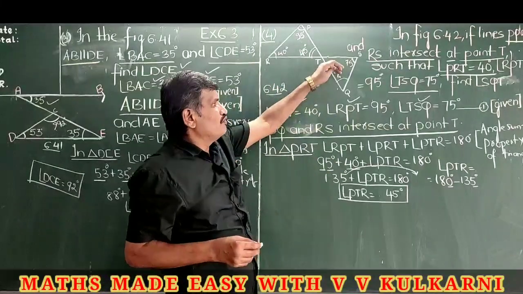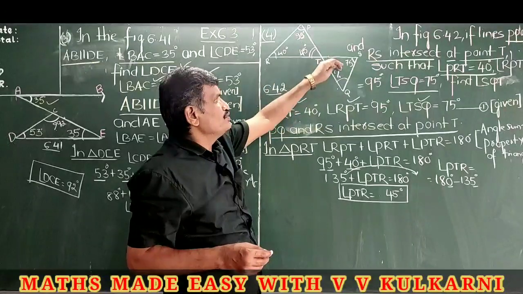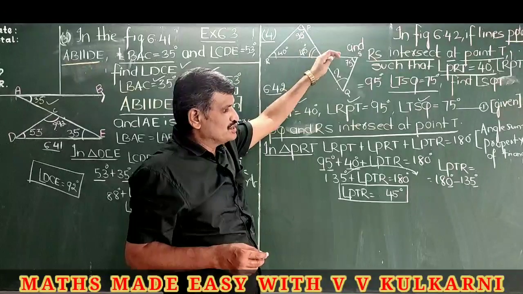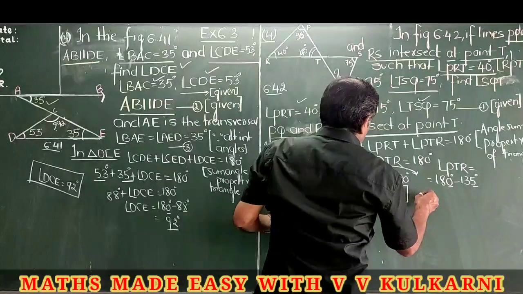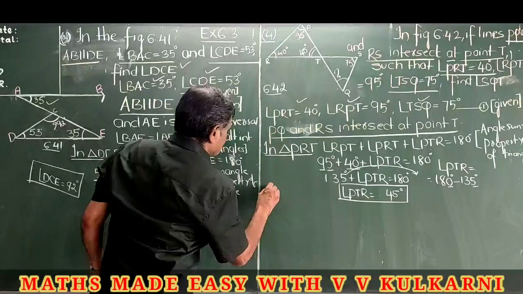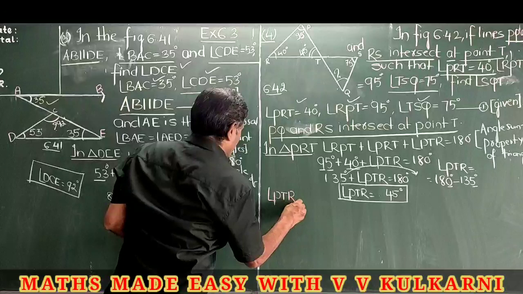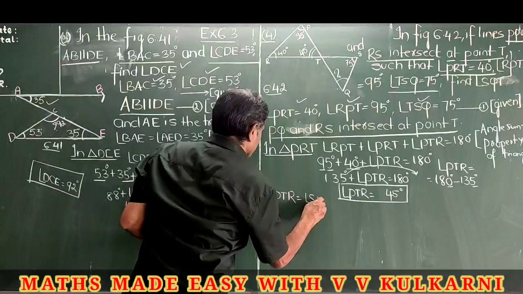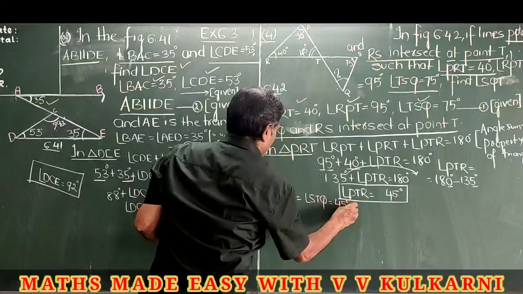Now these two are vertically opposite angles. So again I will be using the property of vertically opposite angles. You know that vertically opposite angles are equal to each other. So angle PTR is equal to angle STQ, is equal to 45 degrees.